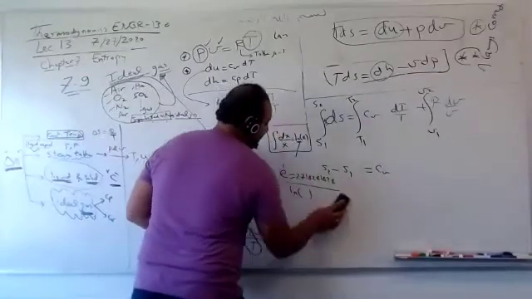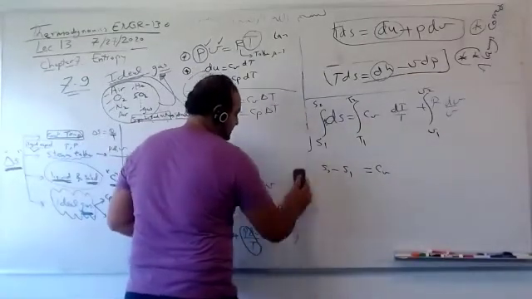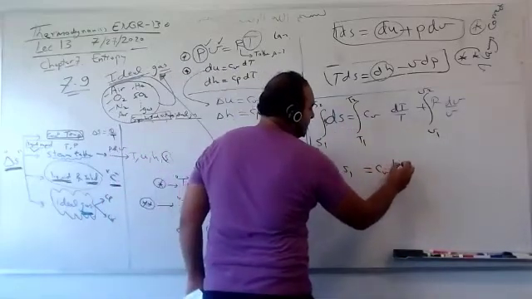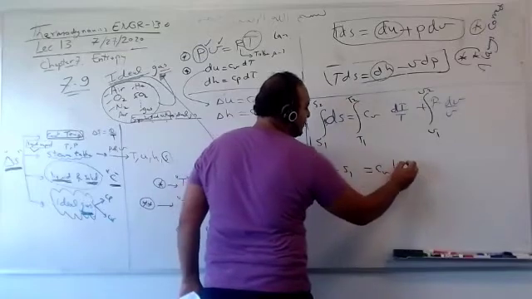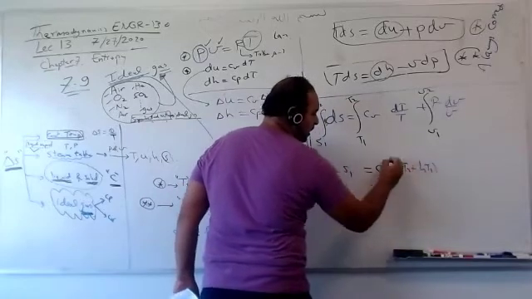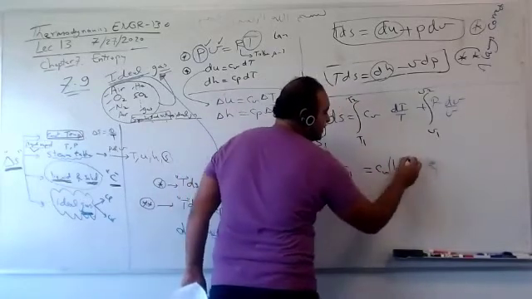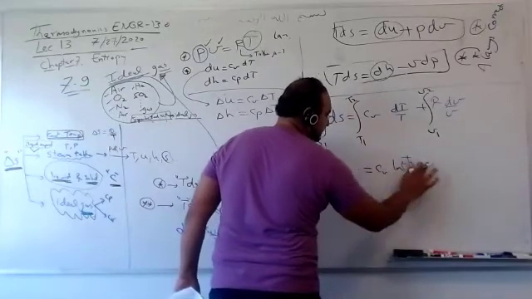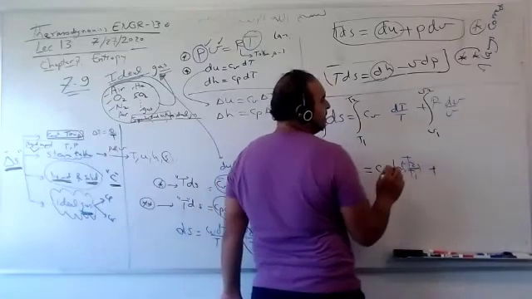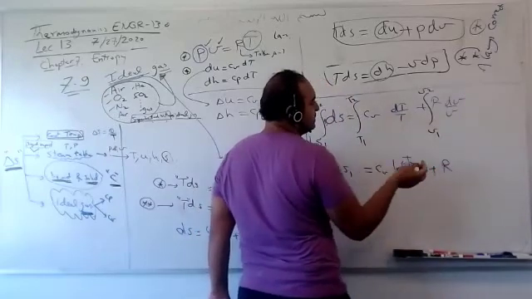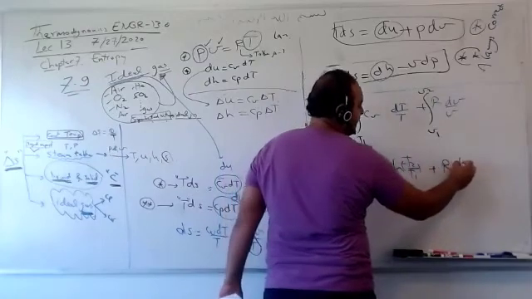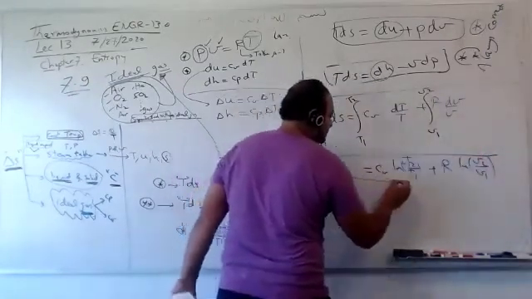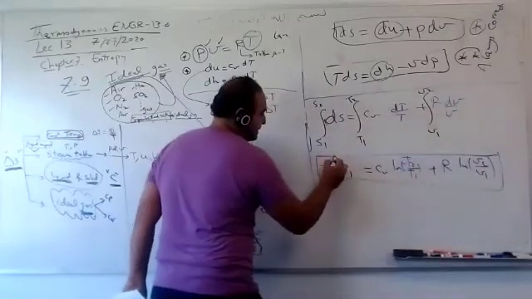So differentiation of ln is 1 over x. So here, this is just ln T, T2 minus T1, ln T2 minus ln T1, or ln T2 over T1, that's it. Plus, the same here, R is constant. So dV over V, same way, ln V2 over V1. This is delta S, or you can write delta S like this.